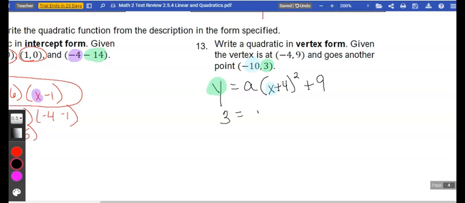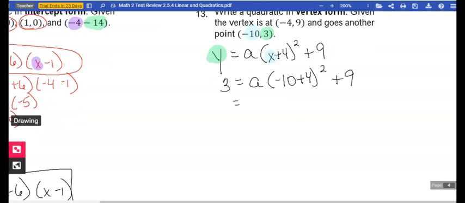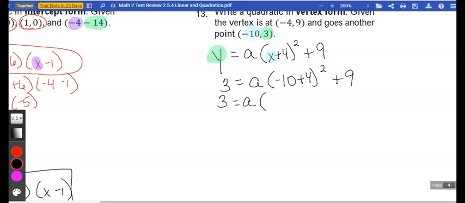3 equals A times -10 plus 4 squared plus 9. So we just do the math and solve for A. Let's see, -10 plus 4 is -6. -6 squared is 36. And then I've got this plus 9 out here.